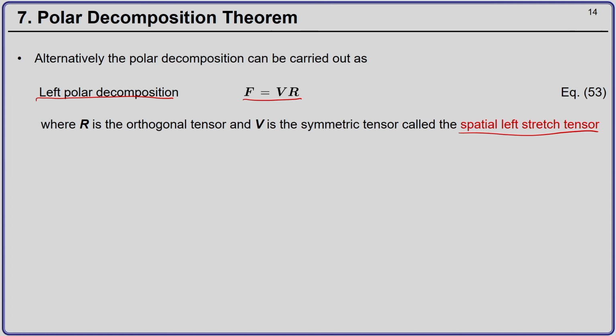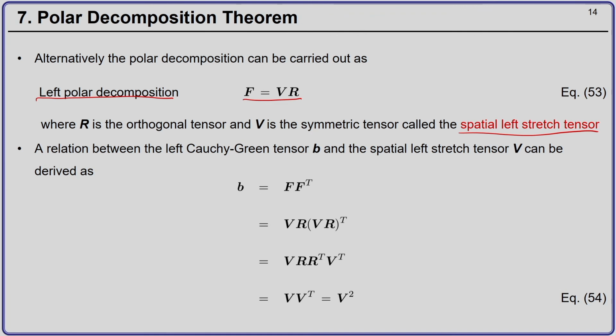So, the components of both the material right stretch tensor and the spatial left stretch tensor have some physical meaning. We will come to it, but right now just consider that it has the word stretch in it.